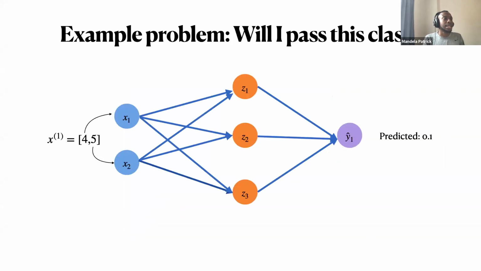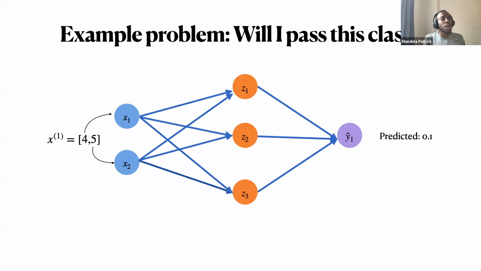And we could just build a neural network to solve this problem. Our input is 2-dimensional, so we have X1 and X2: 4 is X1, 5 is X2. It is passed through a hidden layer of size 3. And then we have some final output layer Y1, which predicts the probability that you'll pass the class.